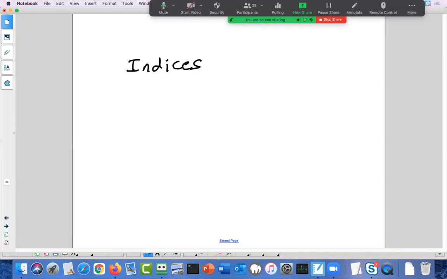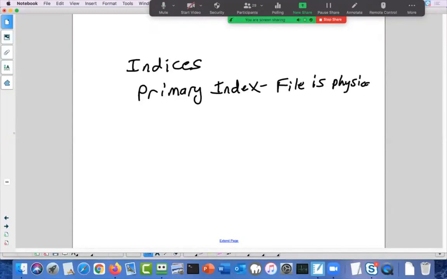And there are 3 types of indices. There are primary indexes, which means that the file itself is physically clustered using the primary key. That is pretty uncommon, as I said, because usually the primary keys are artificial.